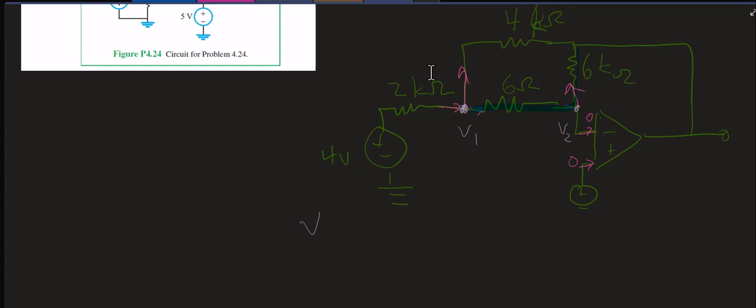So I'll say (V1 minus 4) over 2K plus (V1 minus V out) over 4K, these are all K's, plus (V1 minus 5) over 6K, where V2 has to equal 5.